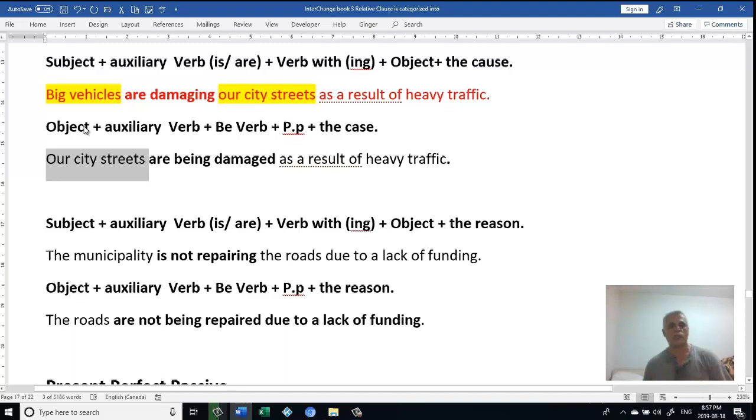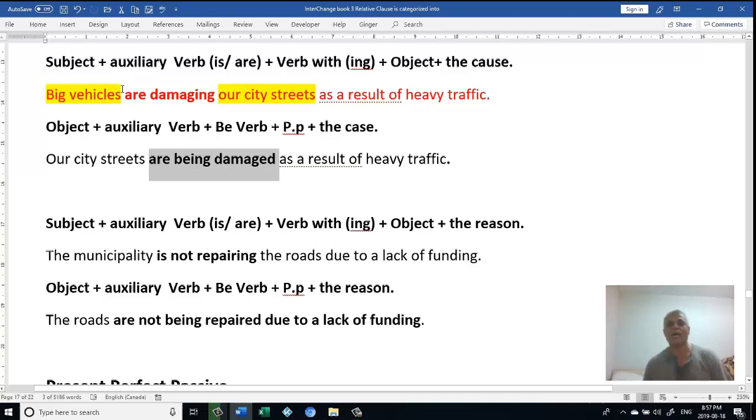Our city streets, that's the object. Then we have the auxiliary, are being damaged. Then we change it because we have the regular auxiliary here. Then we added be plus past participle because it was in the continuous. Then we add ing to it. Then we have as a result of heavy traffic.